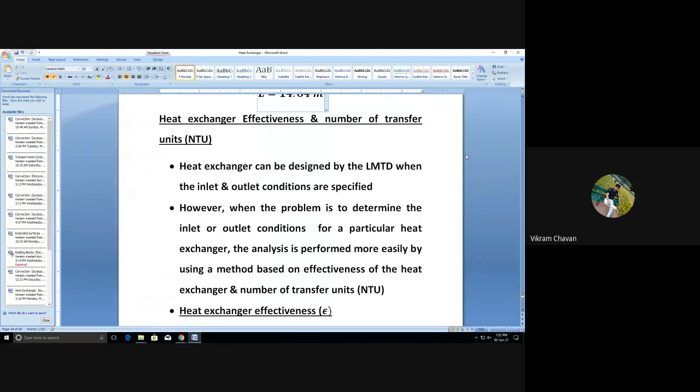Here I have mentioned that a heat exchanger can be designed by the LMTD when the inlet and outlet temperature conditions are specified. In that case you can directly use the LMTD methodology and go for the designing.